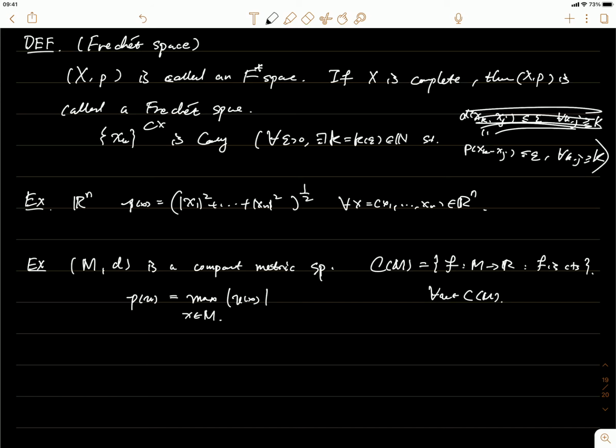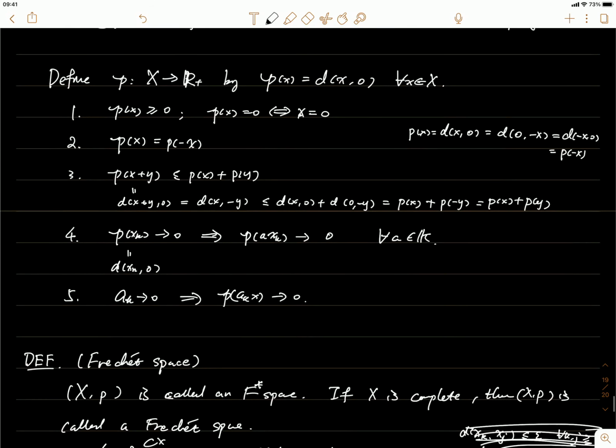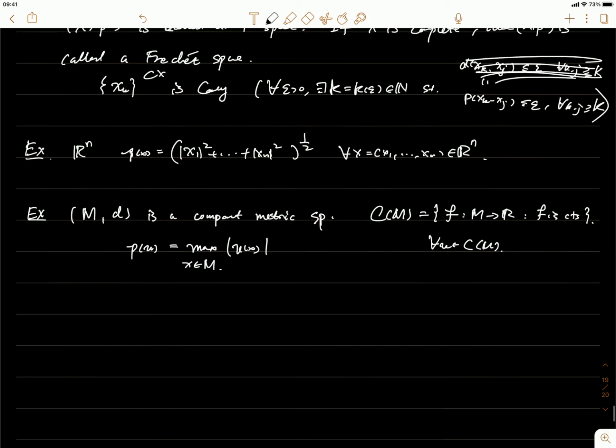If we define my P to be this norm, then it's also easy to verify these properties. And also this is complete in this sense. So this is C(M), and with the P we defined above, it is actually a Frechet space.